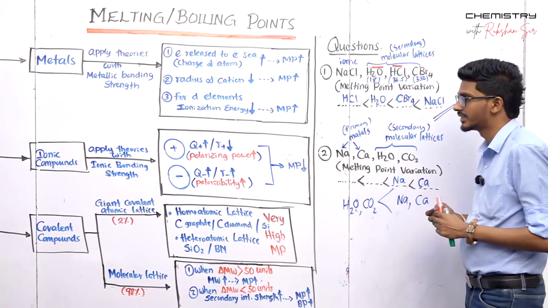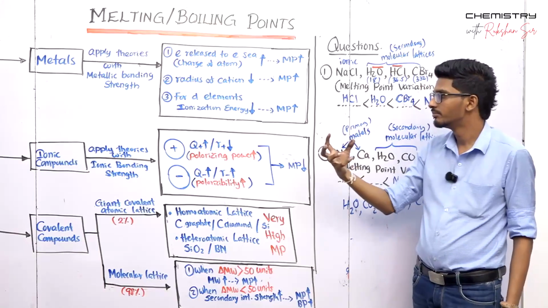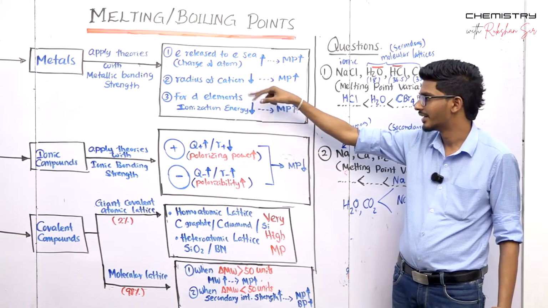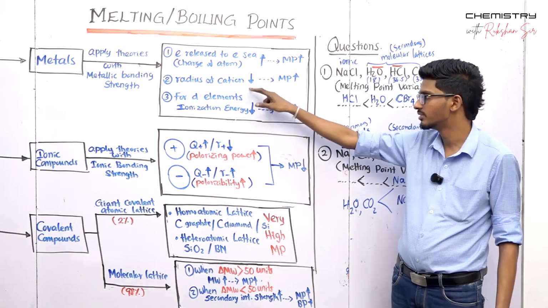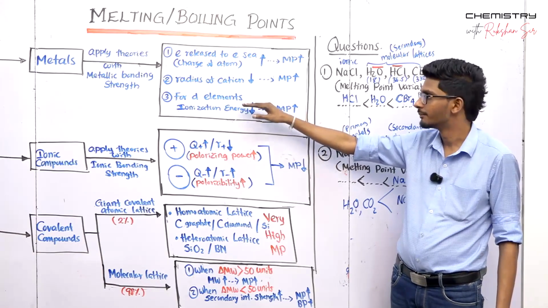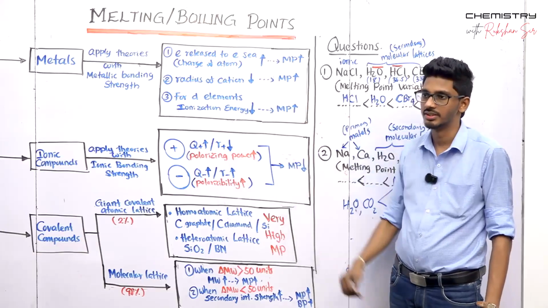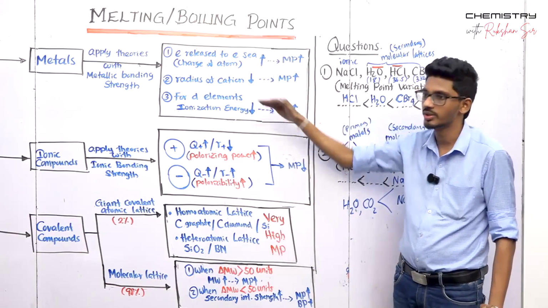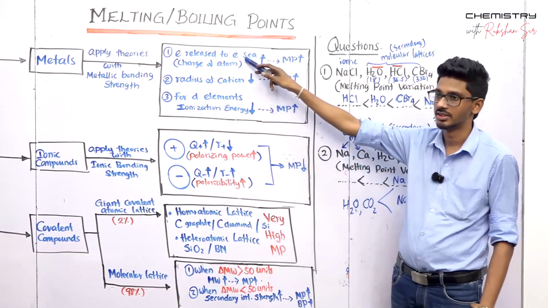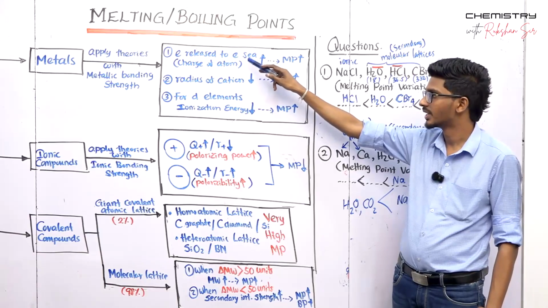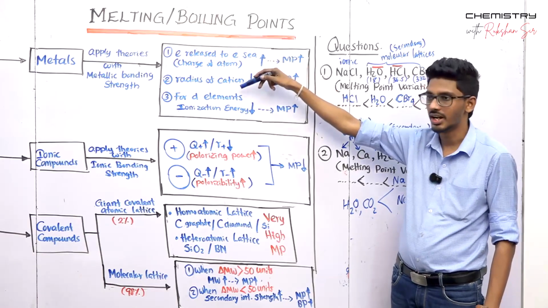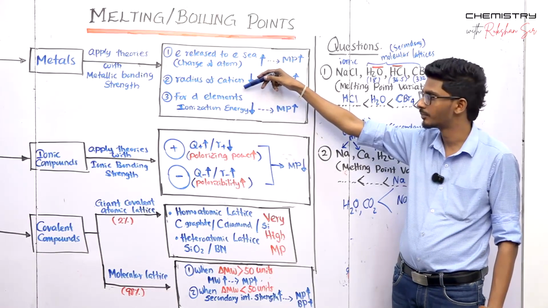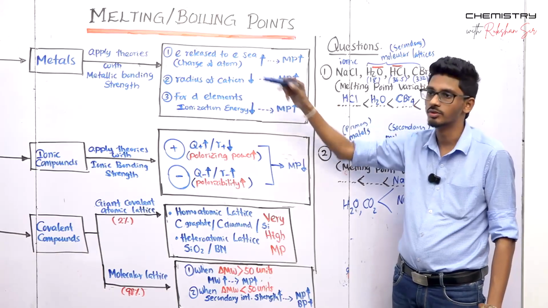One may think that sodium has a smaller radius, having only 2 electronic shells, and calcium has a greater radius. That is okay, but you have to consider the points in order. First consider this one. If you can't come up with the answer with this point, then go for the next one. If you still can't, then go for the third.